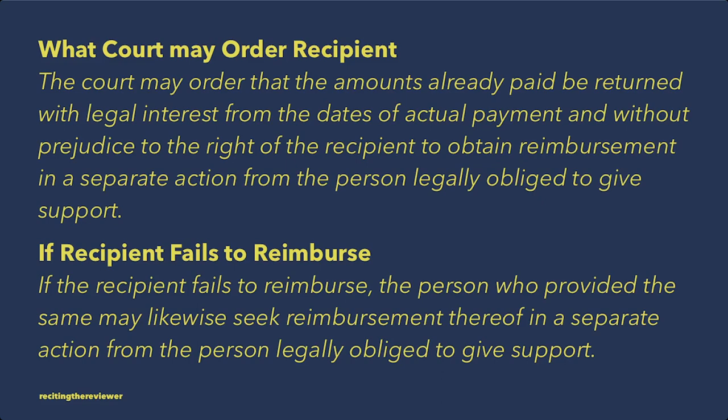So if the court finds out that it was person C who is obliged to give support, and person A applied for support pendente lite to person B, but the court finds out that person B is not liable for such support, but it was granted beforehand to support A, person B can seek a separate action from person C for reimbursement. So that is what this section means.